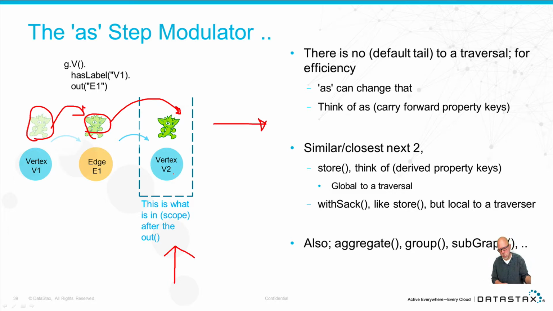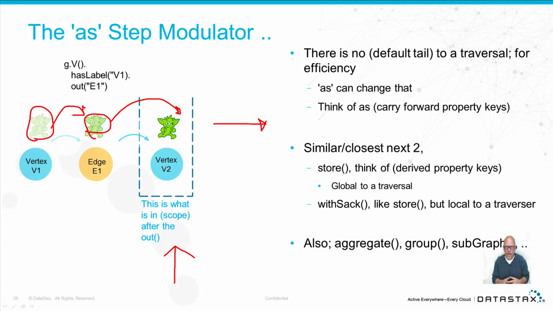There are 2 other steps that might seem similar to as. They are store and with sack. Compare and contrast. As will allow you to carry columns forward through the traversal. It's just like taking columns from customer and carrying them forward to order because I want to run a query that shows me customer properties and order properties, just like SQL.